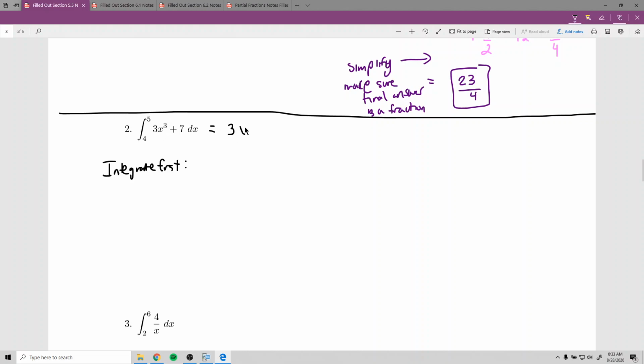We leave the 3 alone. We add 1 to the power of x and divide by the new power. Plus, and then when we integrate a number, it's just the number times the variable, so 7x. And because we have a definite interval, we put our evaluation bar.